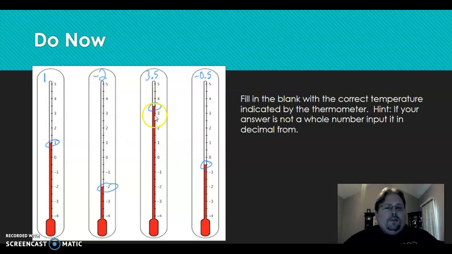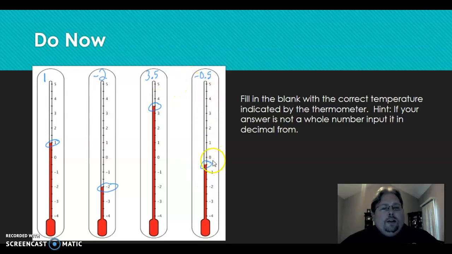On our third one, we have to look at what comes halfway between 3 and 4. And we know from previous work with number lines that between 3 and 4 is 3.5. Now, we have to remember that 3 and 4 are whole numbers and they're positive, so whatever comes between them is 3.5.